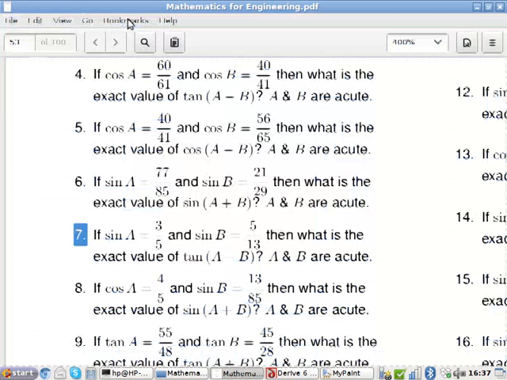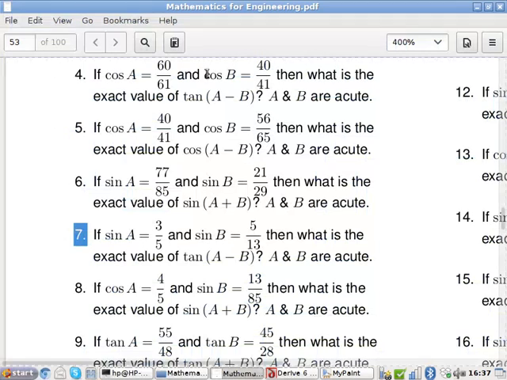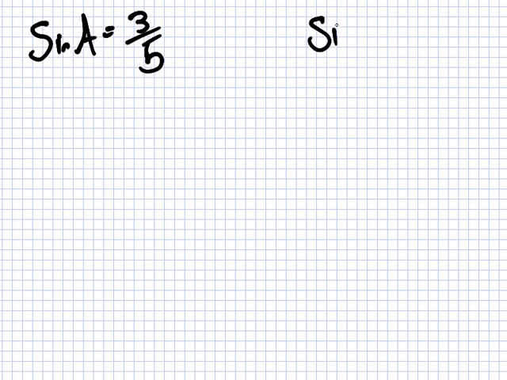Right, so for this one, what is sine A? 3 over 5. Sine B? 5 over 13.